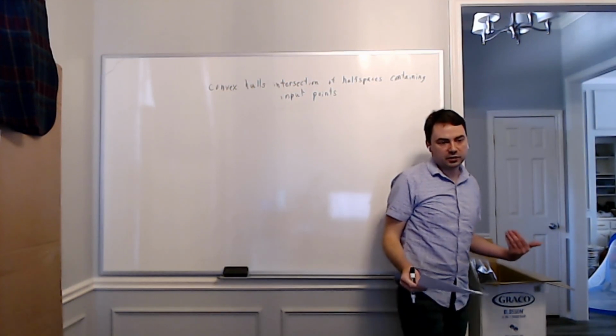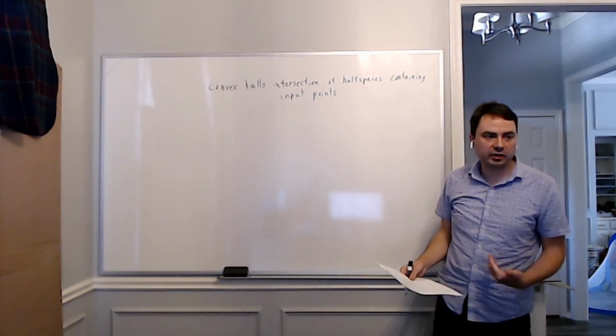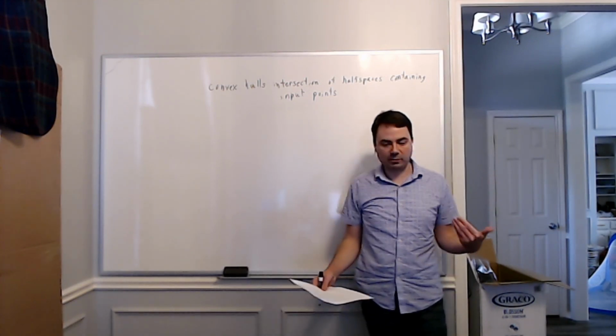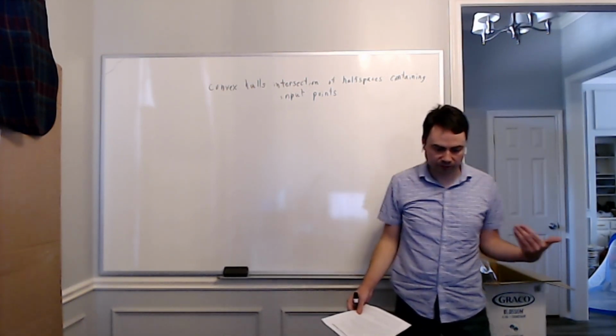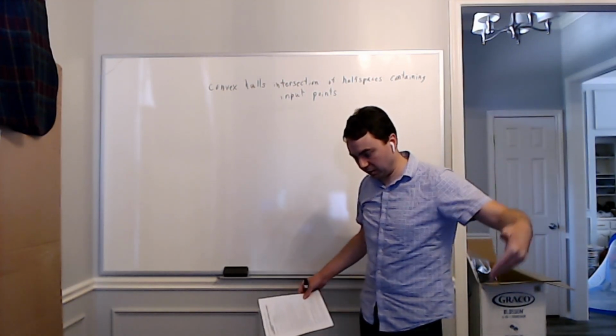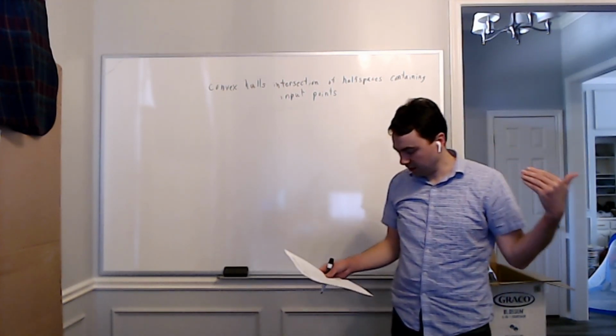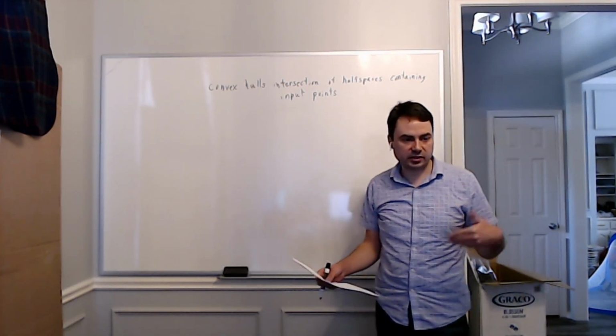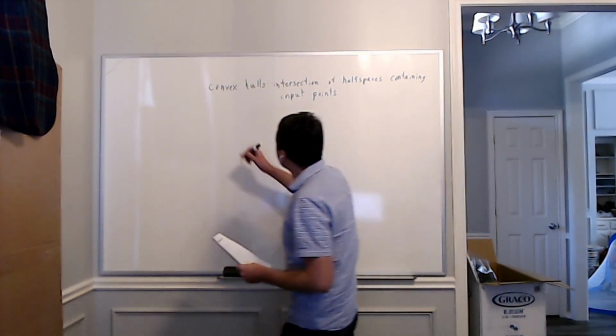Upper and lower envelopes also generalize pretty naturally. So in the plane, we would have a bunch of lines. And for upper envelope, we'd ask, what is the intersection of the half spaces going above the lines? Well, in higher dimensions, you get the intersection of half spaces above a bunch of hyperplanes.